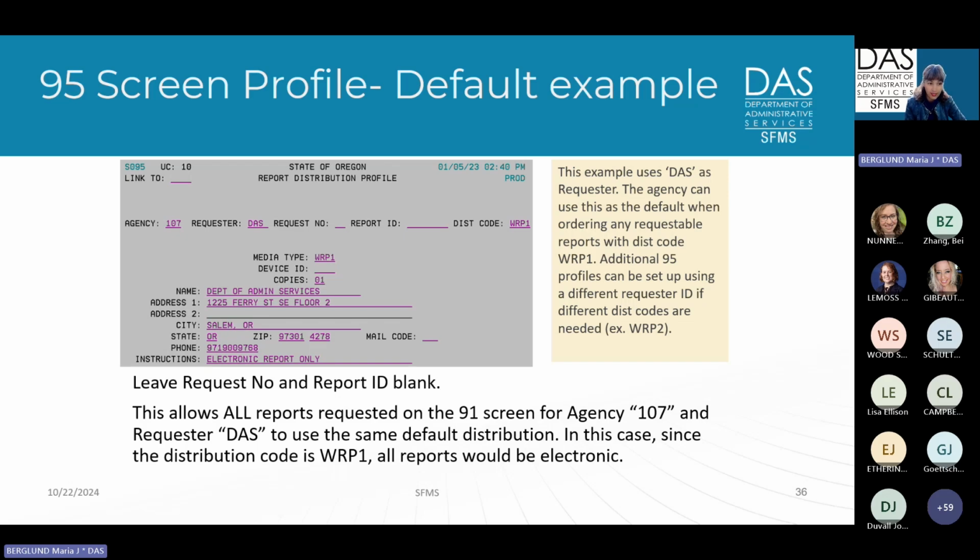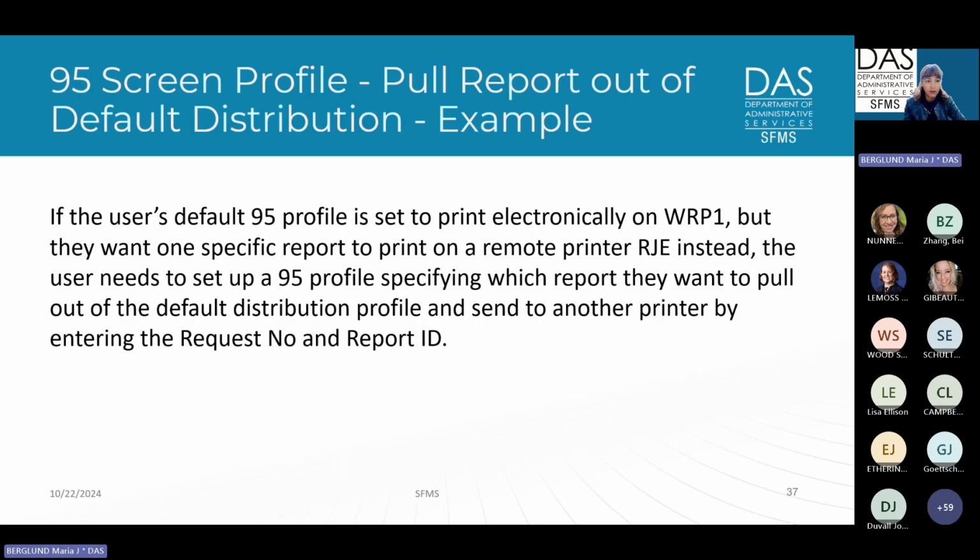In the second one, we will specify the request number and report ID. When we specify the report ID, that specific report will be printed or produced differently. So that will give you an option to request different formats for different reports.